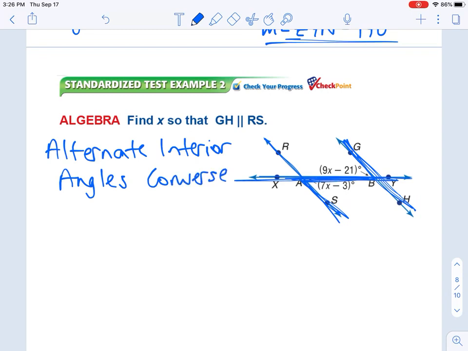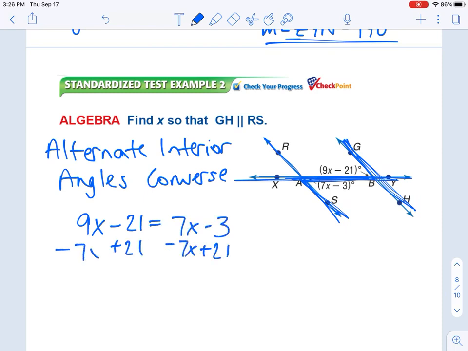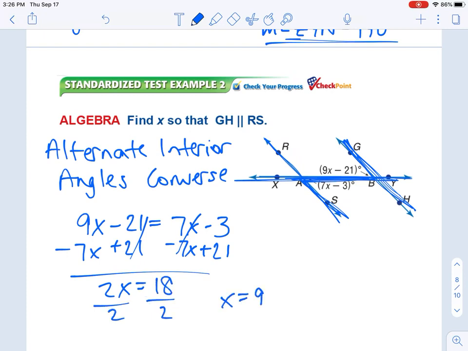We know alternate interiors will be congruent so that those two lines are parallel, so we set them equal and solve. So x will equal 9.